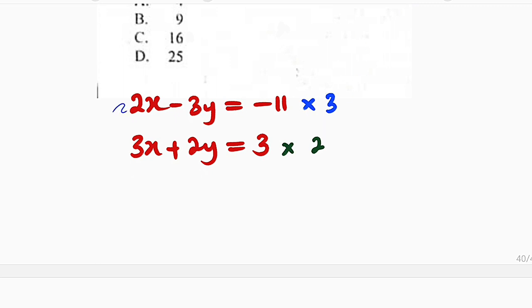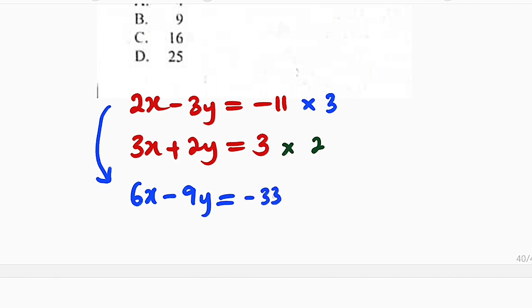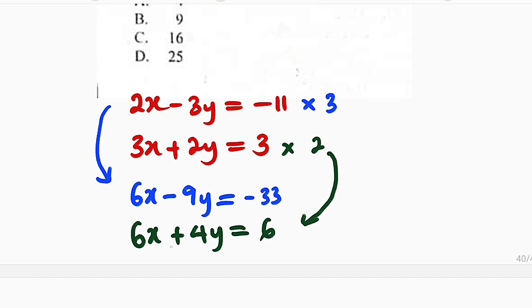So from the first equation, this will yield to what? 3 times 2x is 6x, minus 3y times 3 is 9y, equals negative 11 times 3, which is negative 33. Then from the second equation, we have 2 times 3 is 6x, plus 2 times 2 is 4y, equals 3 times 2 is 6.